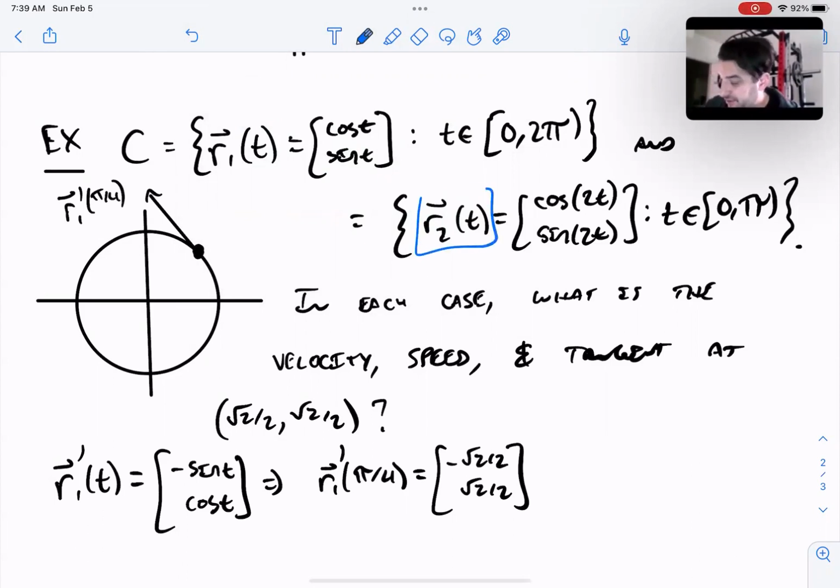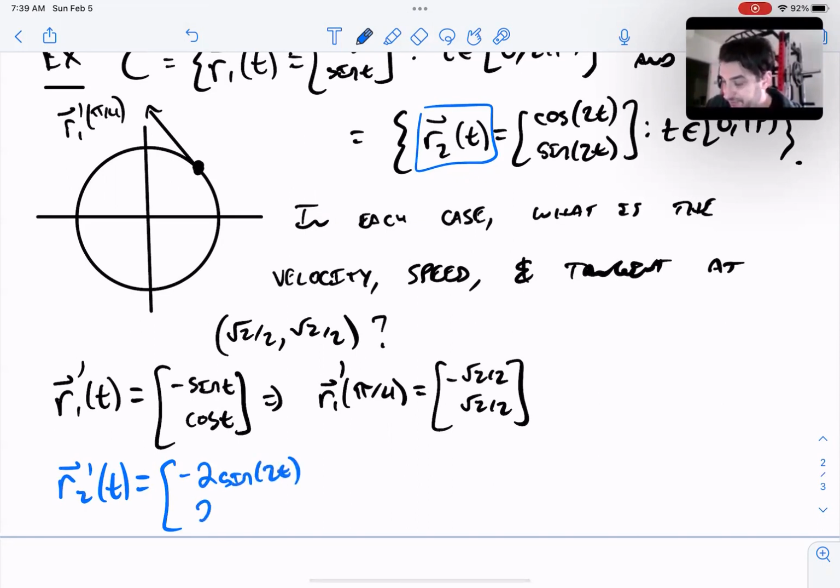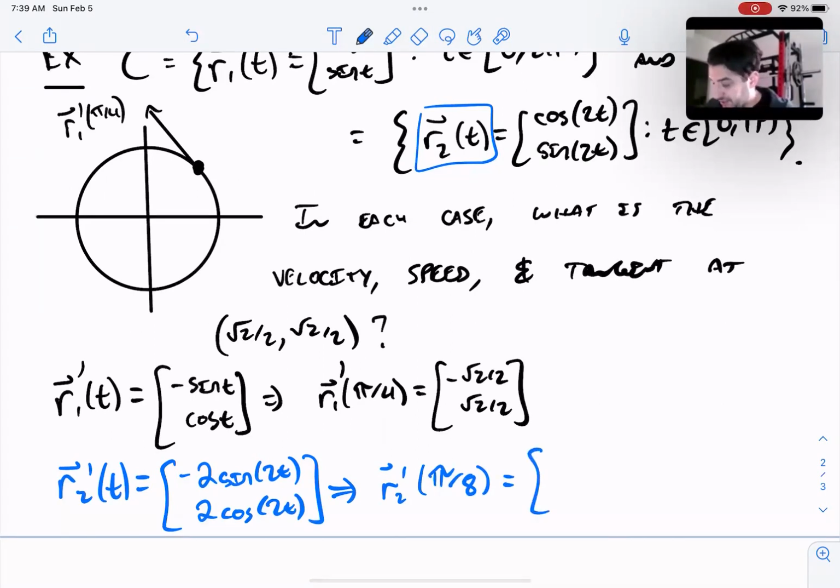Versus, let's do this one in blue, right? If I did R2 prime of t, now I get some chain rule. So it's a very similar calculation, except I have chain rule here. Right, so now this becomes negative root 2 and root 2, right?